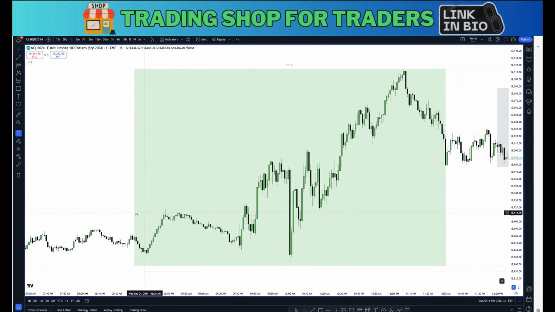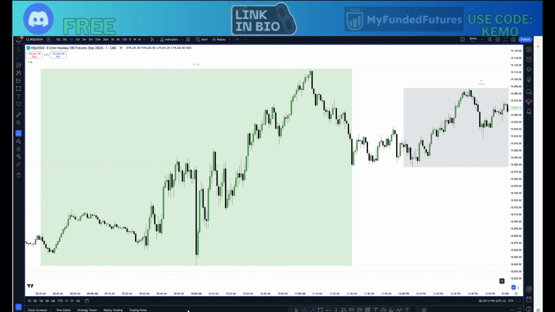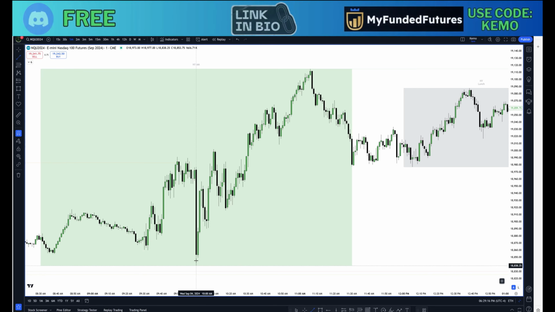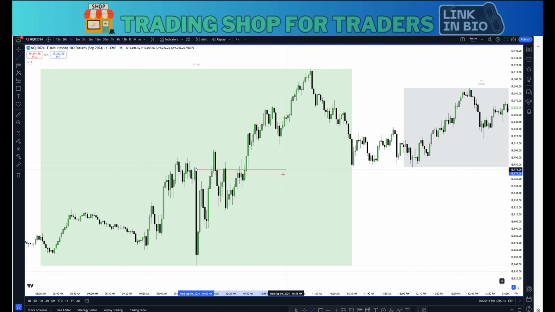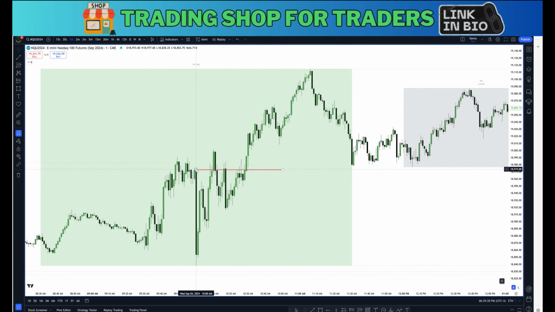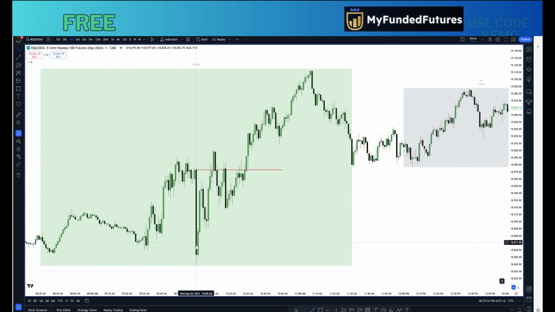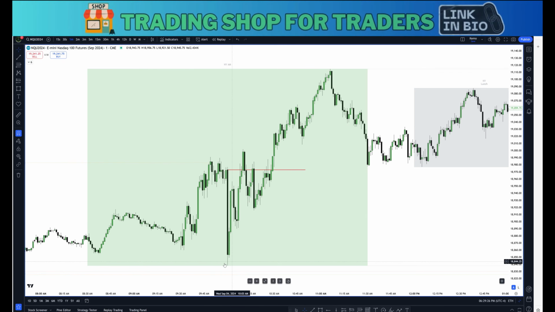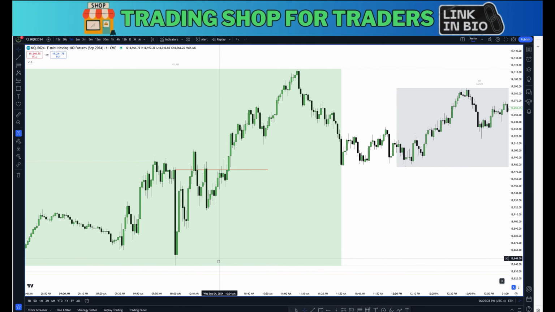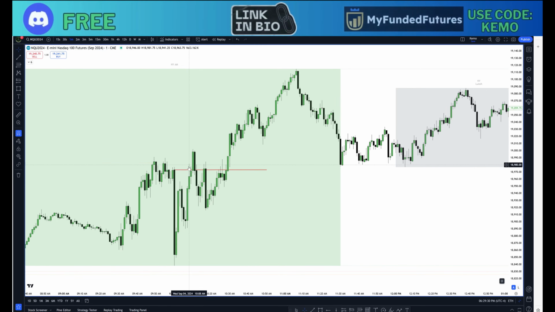So what are we doing here? Okay, so here, where is 10 a.m.? Here's 10 a.m. Here is the open price. The market pushes all the way down here, takes sell side liquidity, goes all the way up here.